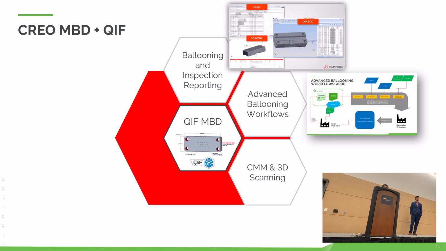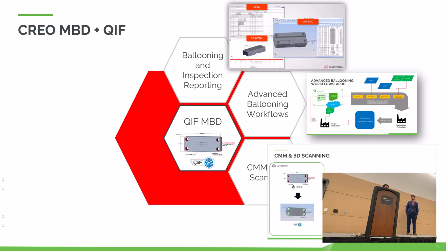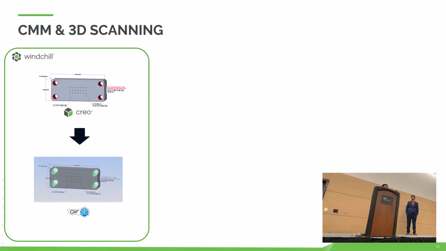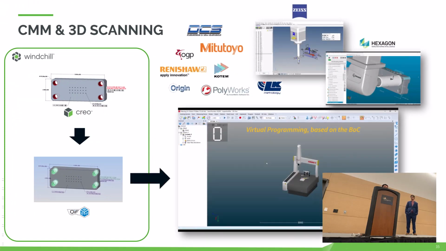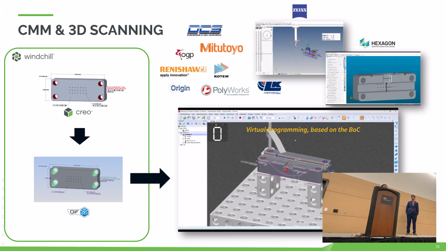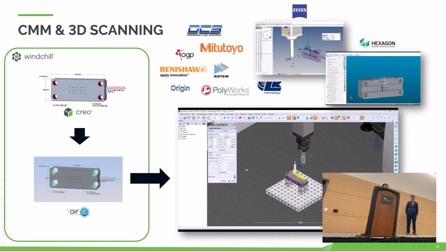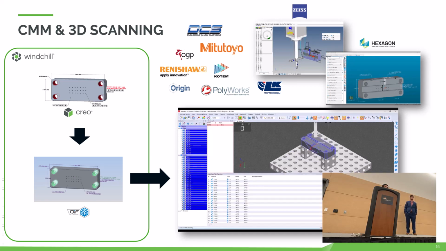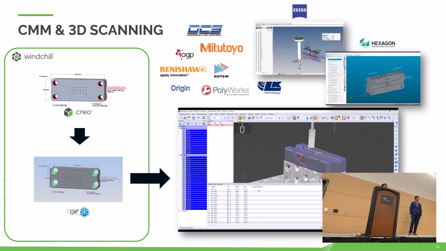One very important portion of using QIF information, once again, highlights how we're going from the Creo model to a QIF standard inside MBD Vue. This QIF file can be consumed by most of the larger CMM software packages.